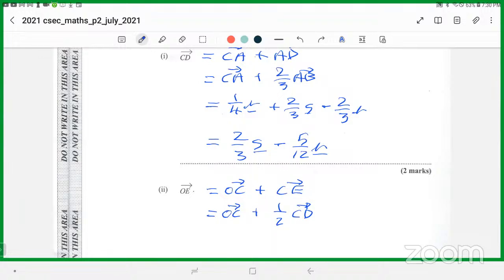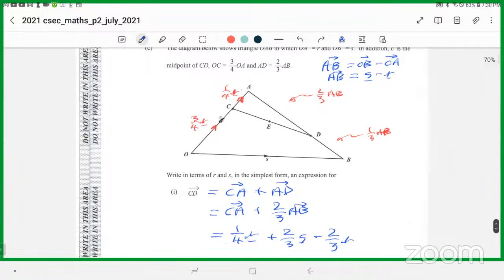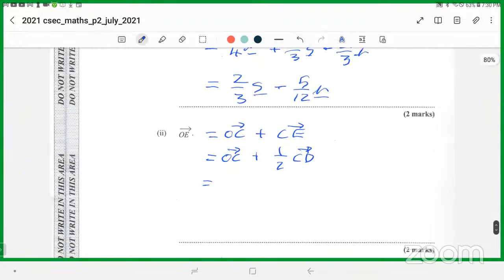The OC is just this, 3/4 of R. So this is 3/4 of R. Add half of this. So we're going to half this and half that. If you half this, you're going to get 1/3. And if you half this, you're going to get 5/24.